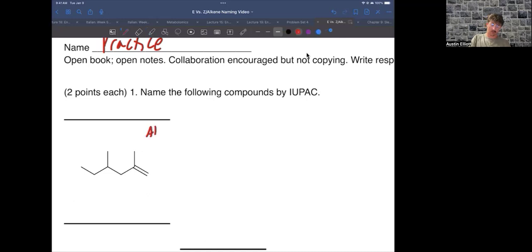So always look for the longest chain that includes the full alkene. What I mean by that is that it includes both sp2 carbons.